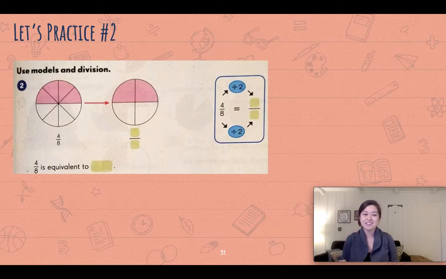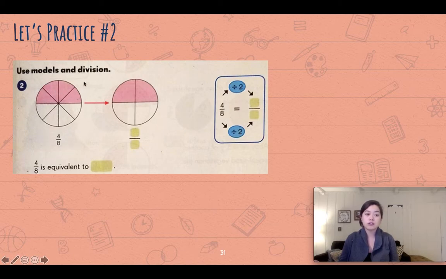Hi again. Okay, let's check our answers. We're using these models to show equivalent fractions. So this model and this model show the same parts of the whole that are shaded. In this first model, there's 4 parts shaded and 8 parts total.